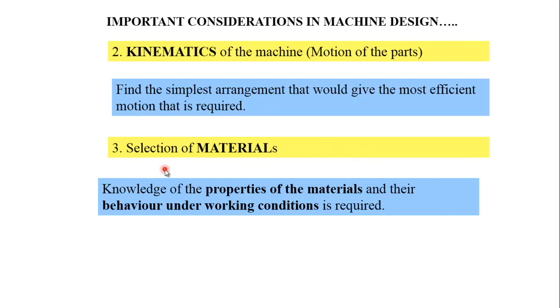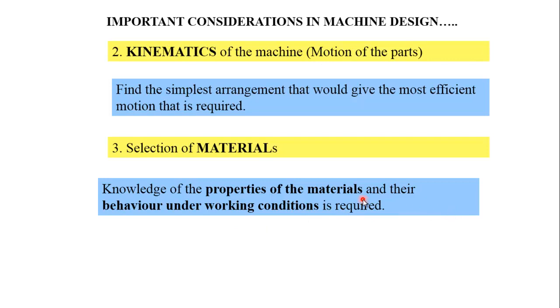Then selection of material, this is one of the very important roles which we have to consider while designing any machine. Knowledge of properties of materials has to be there. We have to know better about the material which we are using. For example, if you are using cast iron or steel, what is the Young's modulus or tensile strength of that material, we have to learn, and we have to use those material properties in designing.